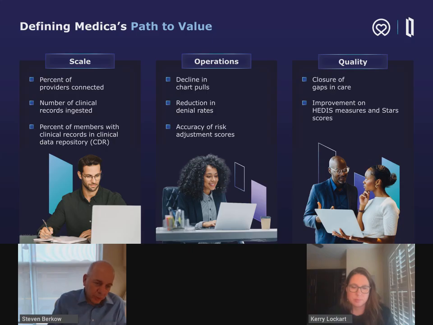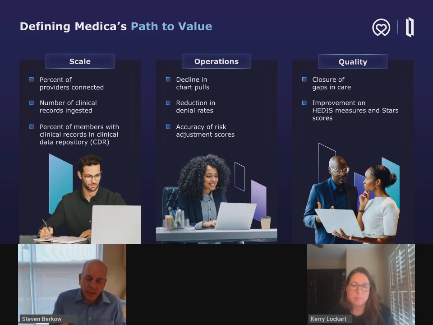Which brings me to my second point. When you're doing something like this, what are the metrics you want to isolate? There's a lot of conversation that goes back and forth between, should I do process metrics? Should I do impact metrics? And a lot of times everybody's like, impact, impact, impact.